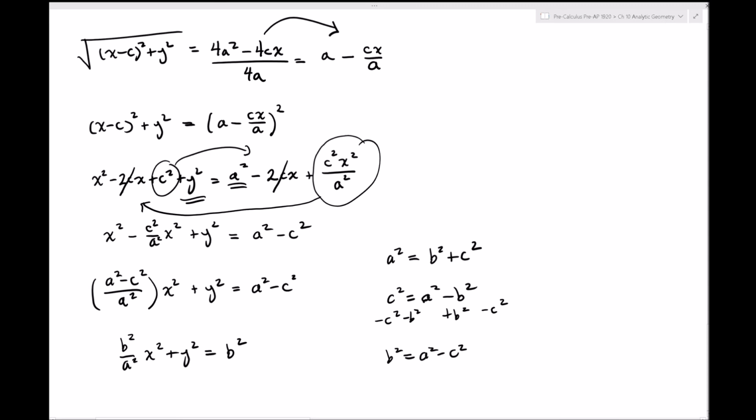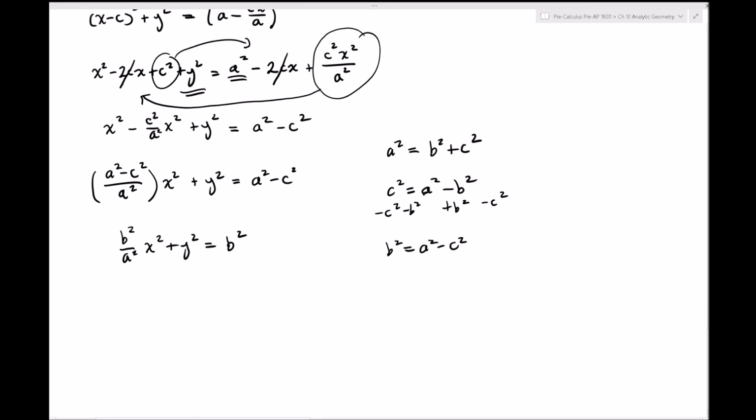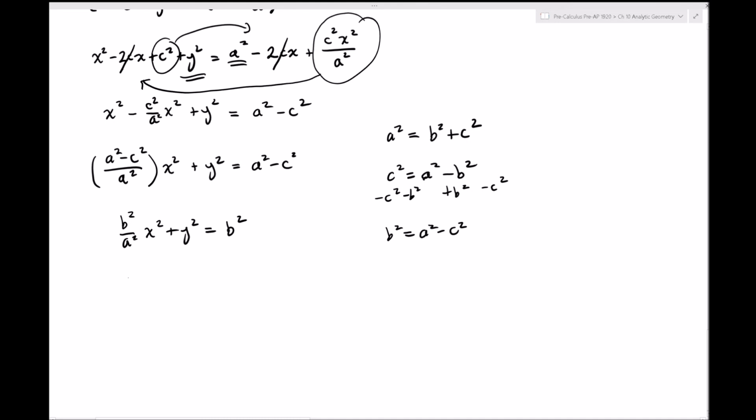And we're almost there. One final step. And what we're going to do in this case is we're going to divide both sides by b squared. So if I divide both sides by b squared, I get x squared divided by a squared plus y squared divided by b squared, and then that equals 1.